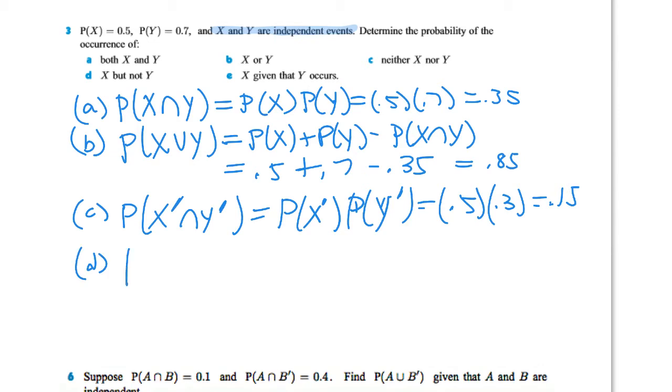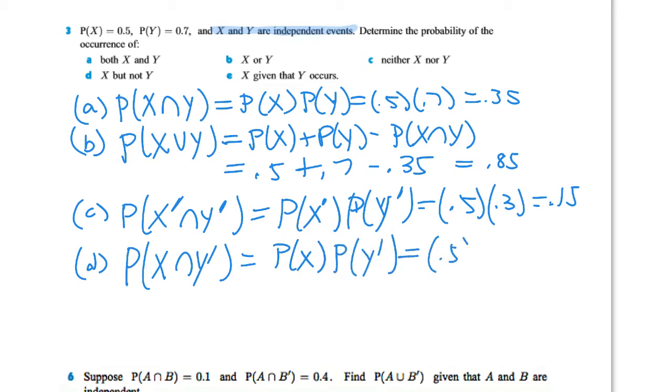Part D, X but not Y, X happens and Y doesn't. Multiplication rule again, P(X) times P(Y prime), so that's 0.5 times 0.7 or 0.35. Oops, sorry, 0.5 times 0.3.